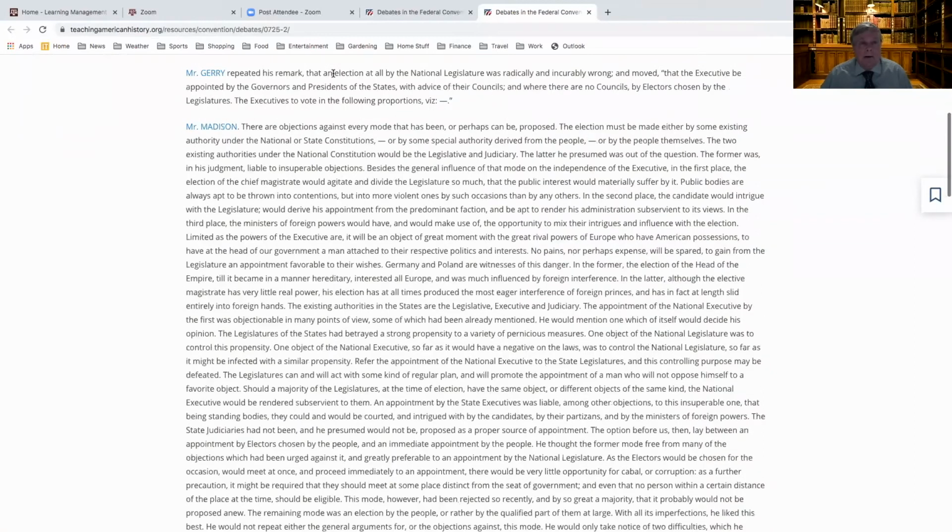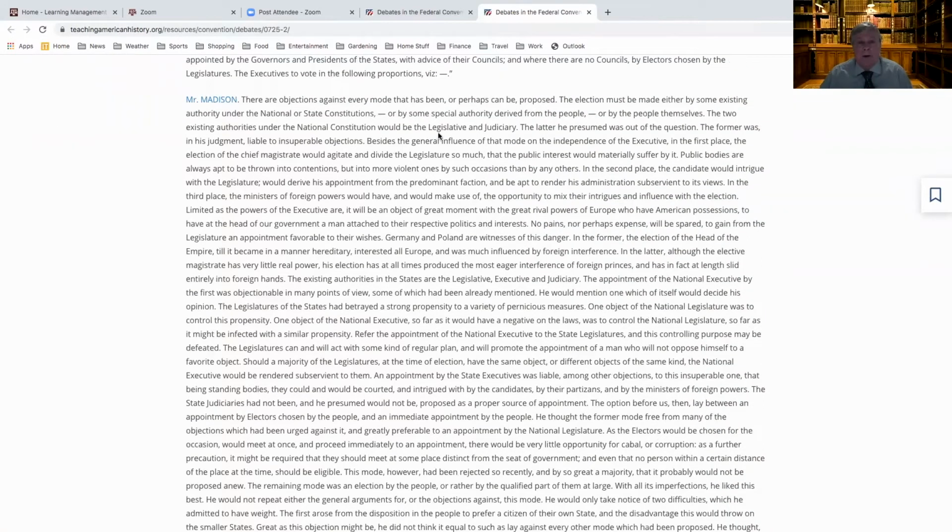Okay, so Madison goes into this right here. And he says, in the second place, the candidate would intrigue with the legislature, would derive his appointment from the predominant faction, and be apt to render his administration subservient to their views.